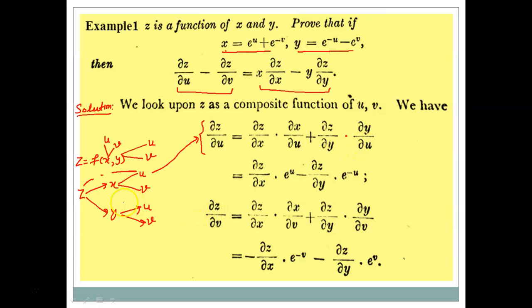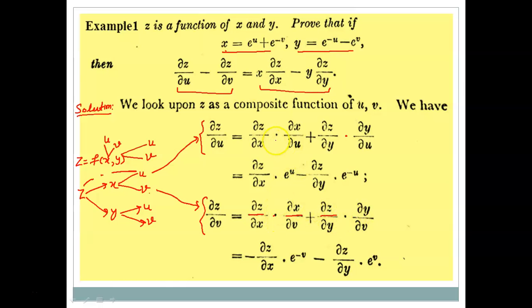Exactly in the same manner, if we want to find the partial derivative of z with respect to v, we can find it in this manner. That del z over del v is equal to del z over del x dot del x over del v plus del z over del y dot del y over del v.